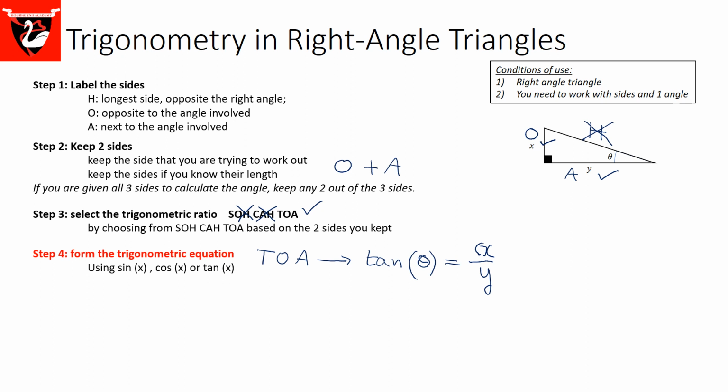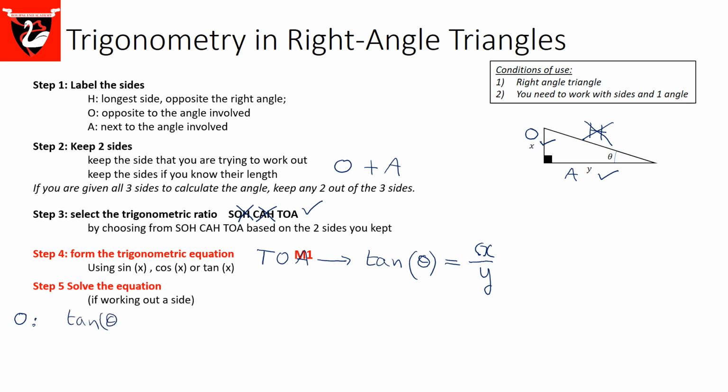Now, what's going to come next, the final step, step 5, is where you're going to actually answer the question and find your final answer. And it comes in 2 very possible ways, so 2 twists on them. Twist number 1, you can be asked to find a side. If you need to find a side, then you are going to need to solve your trigonometric equation. So, for example, if you want to find O, the opposite side, we're going to start from this equation we wrote above.